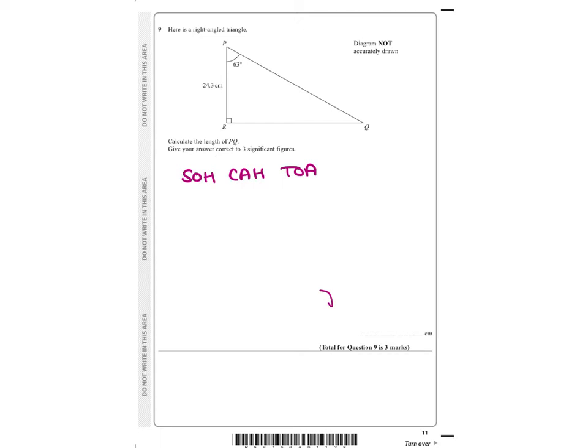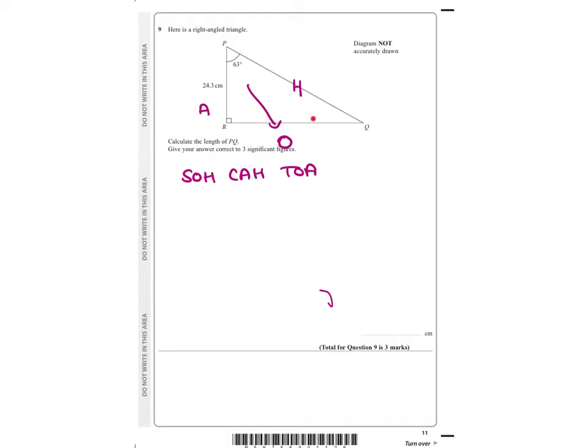Now, we know our O stands for opposite, H stands for hypotenuse, and A stands for adjacent. So our O is always opposite the angle. The hypotenuse is always opposite the right angle, and then we have our adjacent. Now, what it actually wants is PQ. So it wants this line here, PQ.